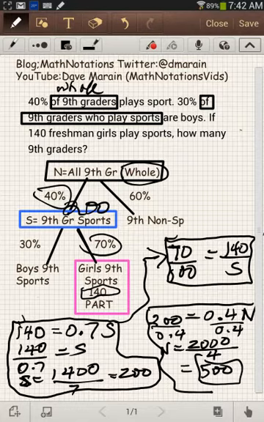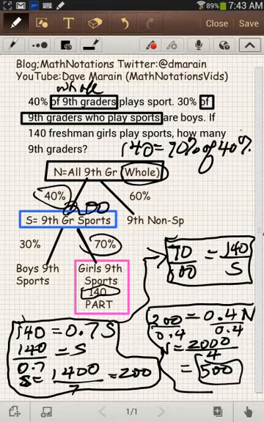So we know that the 140 students, those girls, represent 70% of the blue region, which is 9th grade sports players, and they represent 40% of N, 40% of the entire 9th grade.